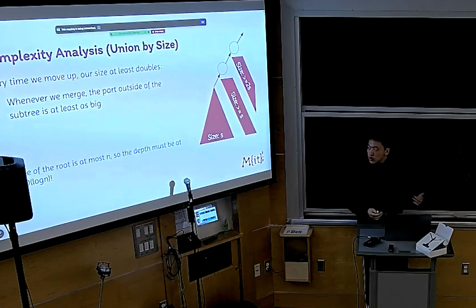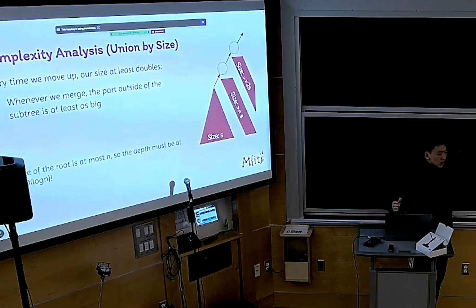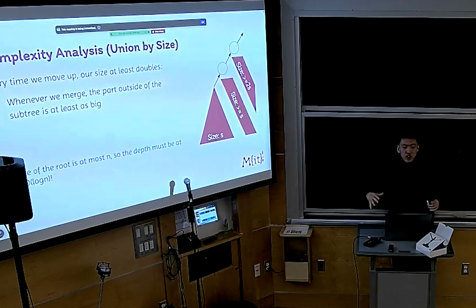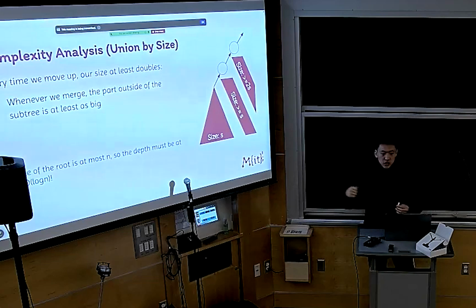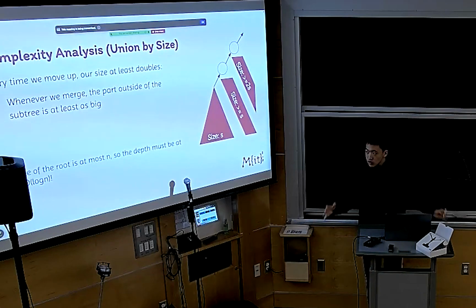And so in our final tree, this is still true. This parent must still have greater than or equal to 2s nodes inside it. So every time we go up 1, it goes up to 2s. We go up 2, we go up to 4s, and so on. Every time we go up, our size exponentially increases.